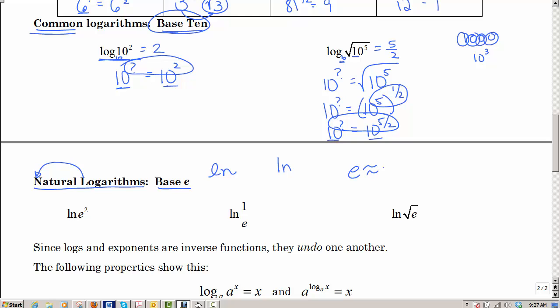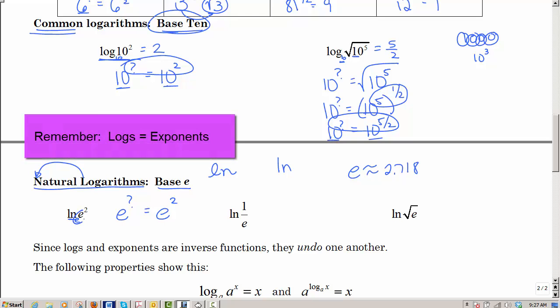E is approximately 2.718, just a number that you're going to run into in your math career. So when you see LN, that's really base E. So in this problem we're saying E raised to what power is E squared. Again, if those are the same, it's just the exponent.